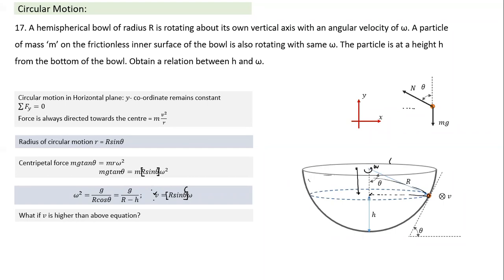And if I give lesser velocity, it will go down and slightly spiral. And if I give zero velocity, it will slide down. So I have to understand that for a given position, for a given height, which makes a certain angle theta from the vertical, if a particular speed is given to the object, inside a hemispherical bowl it will undergo circular motion in a horizontal plane.